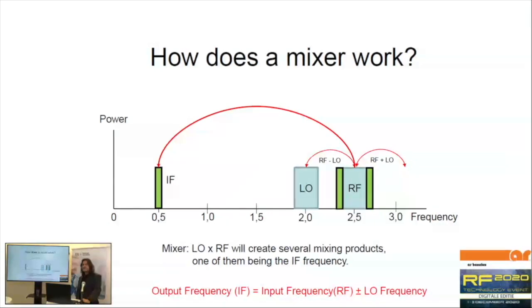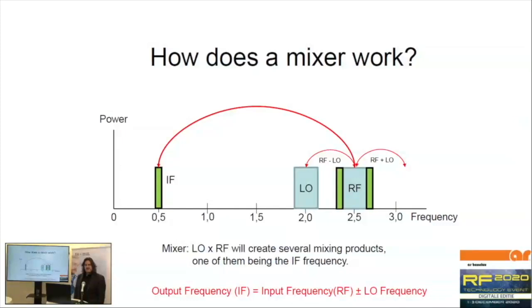So how does a mixer work? Well, depending on which way we go, you use the LO to drive a certain nonlinear circuit. That LO is also fed with RF, and then you will get the mixing components. The mixing components might either be the IF at the low part, or if you transmit IF to the upper part, it transmits. What does it do?